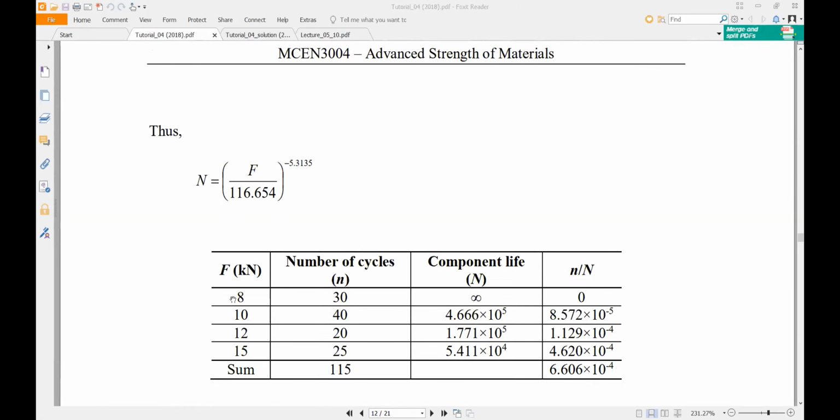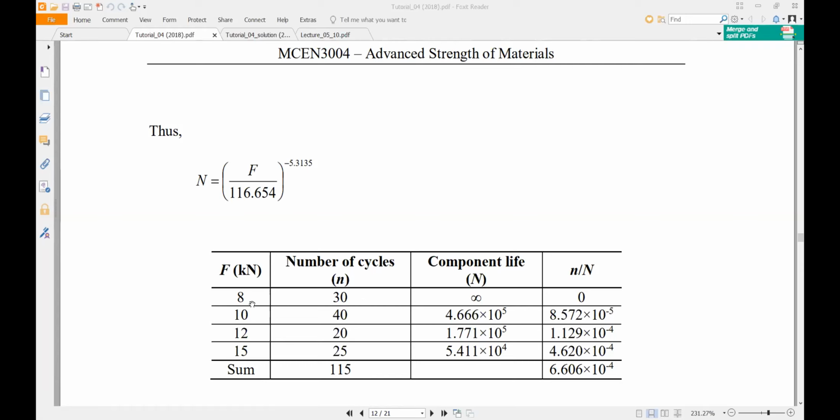So this value at the groove, the 10⁶ cycle loading value, the endurance limit, is 8 point something. So this value of 8 is lower than the 8 point value, so it does not affect the component life. That's why it is infinite.